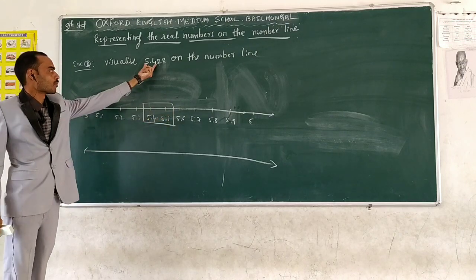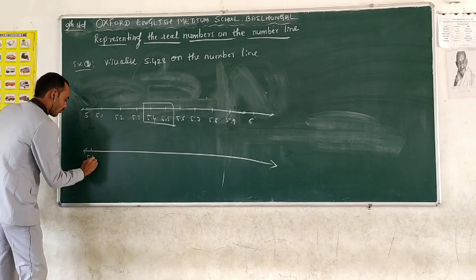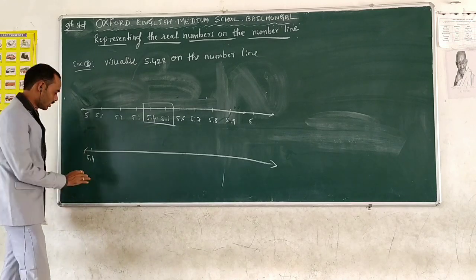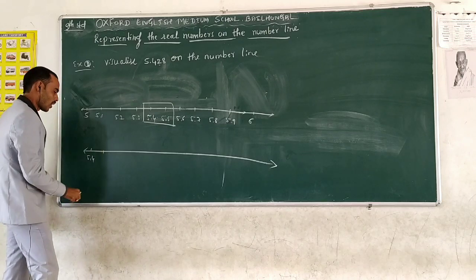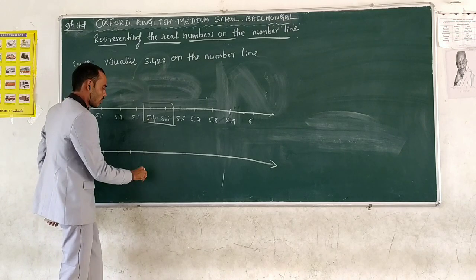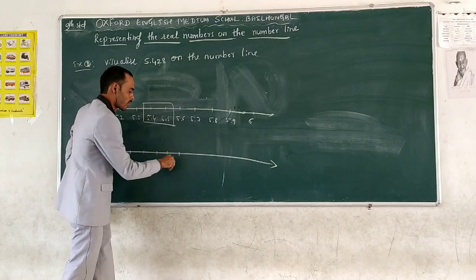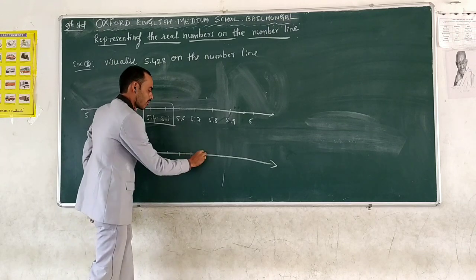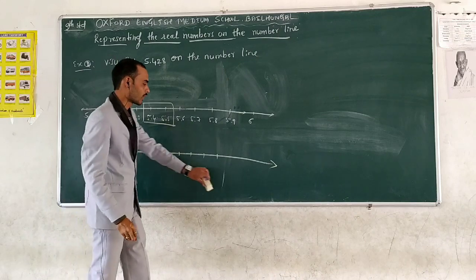In between, 5.42 is there. Start with 5.40, after that 5.41, 5.42, 5.43, 5.44, 5.45, 5.46, 5.47, 5.48, 5.49 and 5.5 or 5.50.